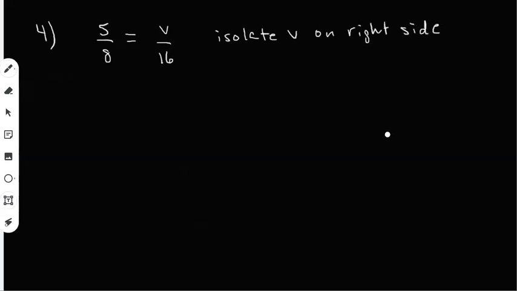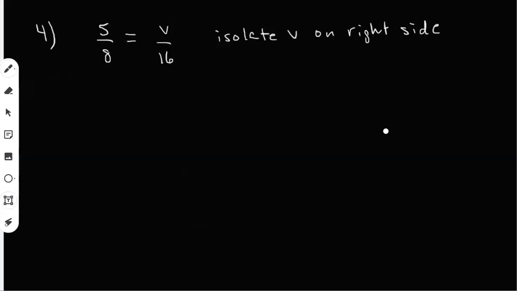I've got 5/8, and that is equal to v/16. So what I want to do is isolate the variable. I want to isolate v on the right side, since it already shows up on the right side.